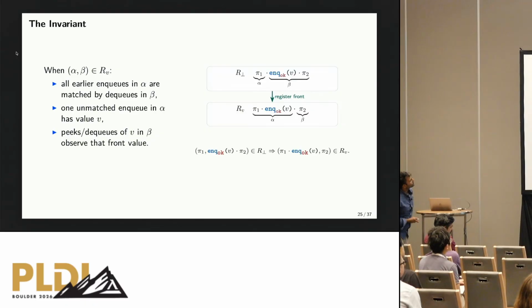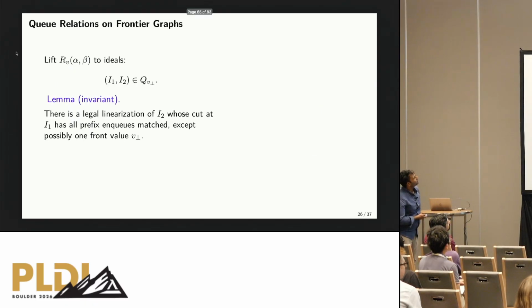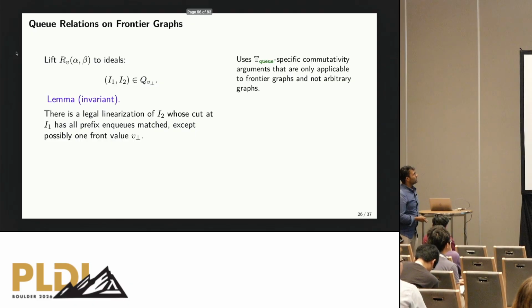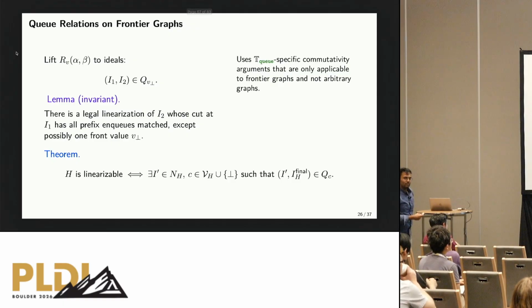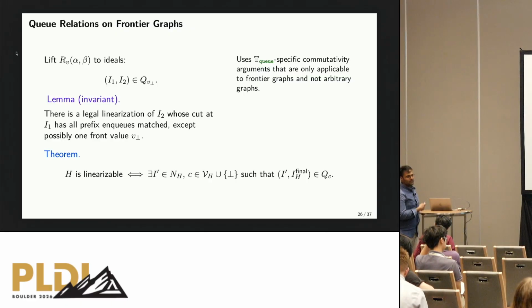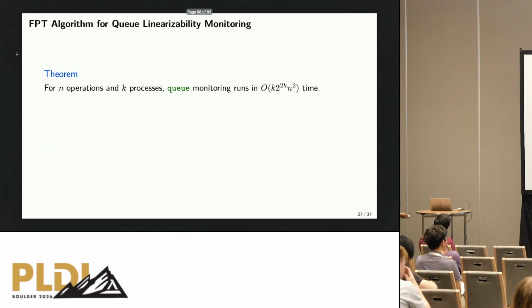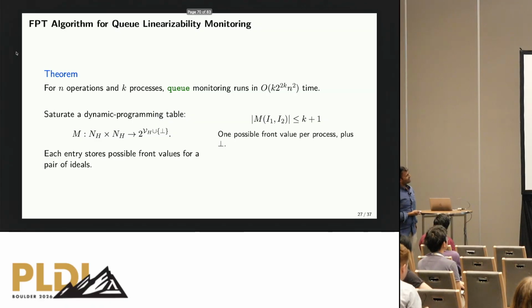I don't think I should go into all this, but the point is that once you have nailed down this rewriting relation that represents the Q specification, you can lift it and formulate an analogous problem for the entire frontier graph. And you can check membership in this relation in polynomial time. And that's why Q monitoring can also be performed in FPT time.